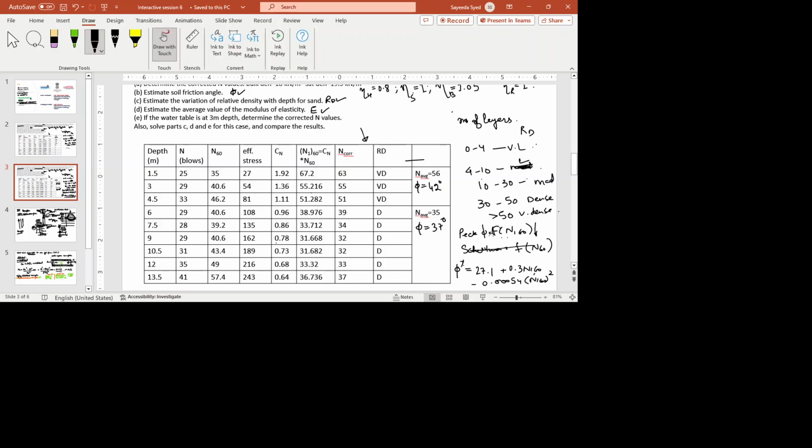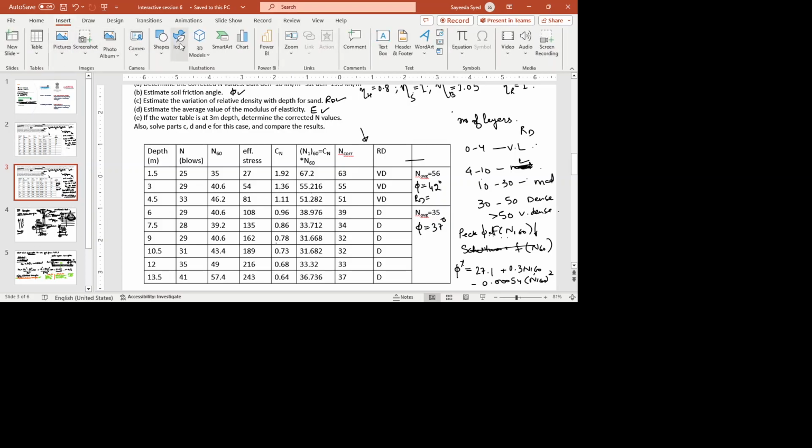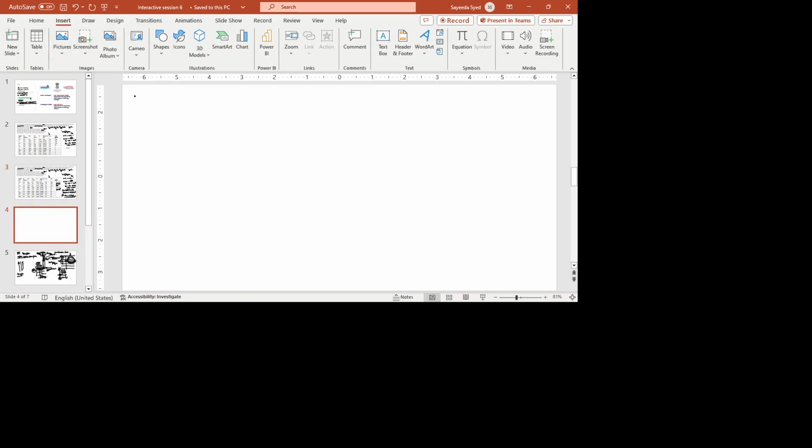Moving on further with the RD value, actually let me write the equations for phi.